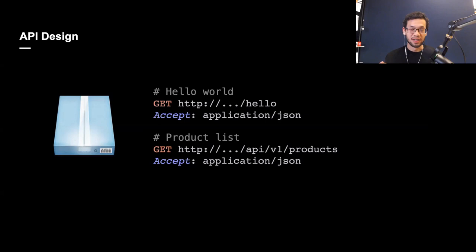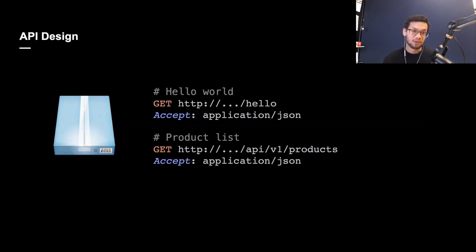So we will design a URL from the document root and /hello, and it will accept application JSON format. If you open your browser and hit this URL, then Ktor will reply in JSON format, containing a message field and hello Ktor in the message.